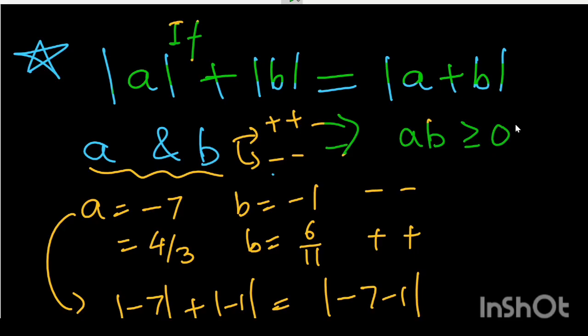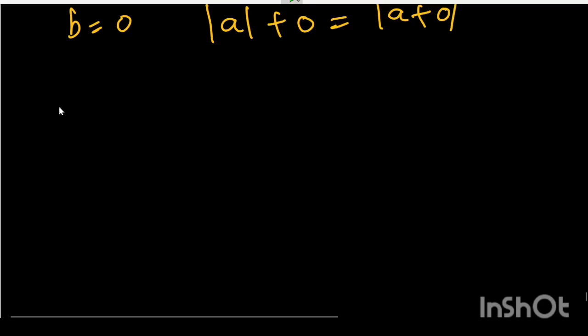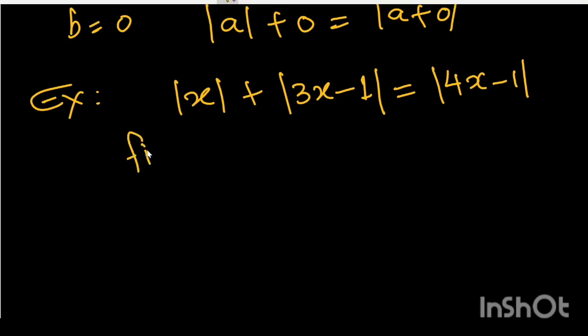Okay, so let's take another question. |x| + |3x − 1| = |4x − 1|. Find x which satisfies this, guys.